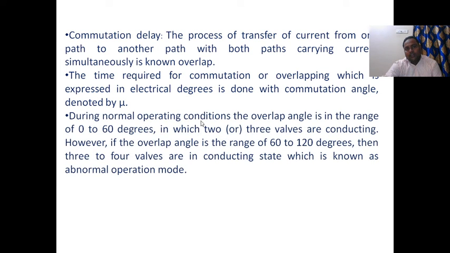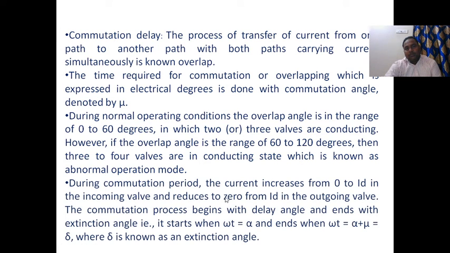During normal operating conditions, the overlap angle is in the range of 0 to 60 degrees, in which 2 or 3 valves are conducting. However, if the overlap angle is in the range of 60 to 120 degrees, then 3 to 4 valves are conducting, which is known as abnormal operation mode.